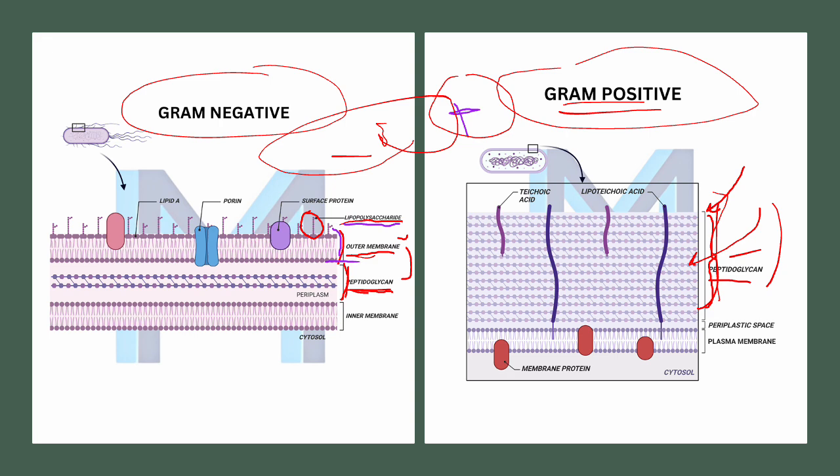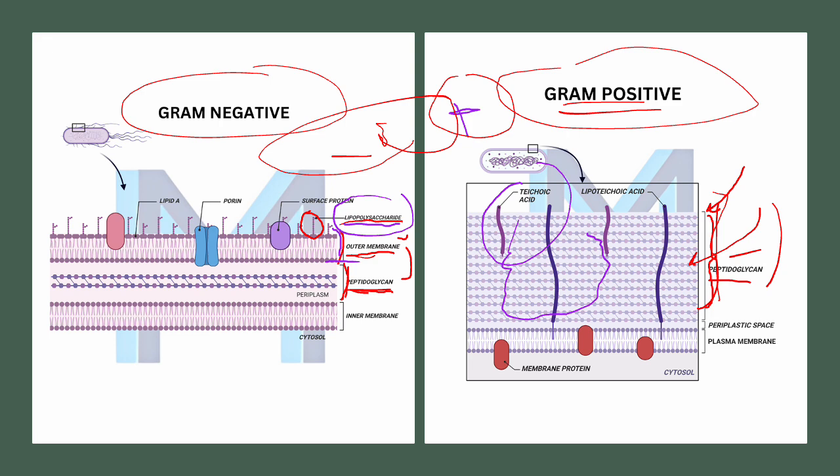And if you say, hey, it's unfair that the gram-negative has all of these things and the gram-positive doesn't, well, the gram-positive has something else. It has these teichoic acids, and these are embedded inside of this thick peptidoglycan layer.